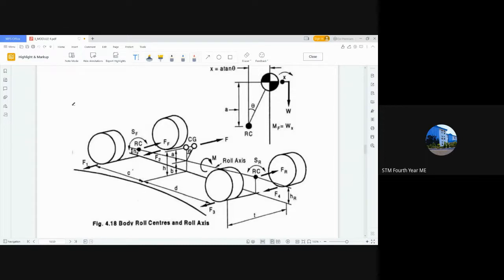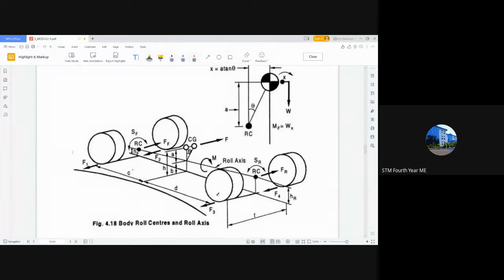When we increase the speed above the permissible speed limit, that is, above 35 kilometers per hour, say you are taking the curve at 40 kilometers per hour, the body tends to roll over. What is happening is that the resultant force generated is much greater than the reaction force occurring at each of the wheels.